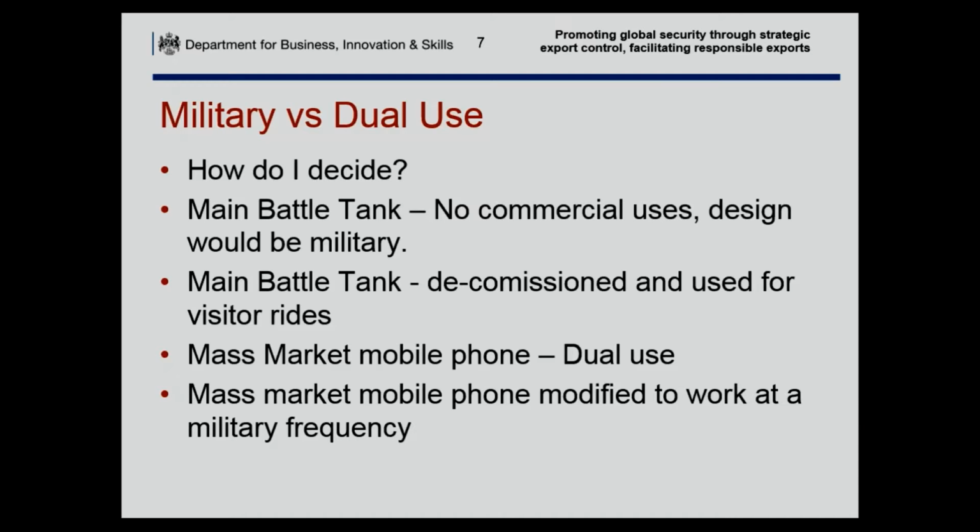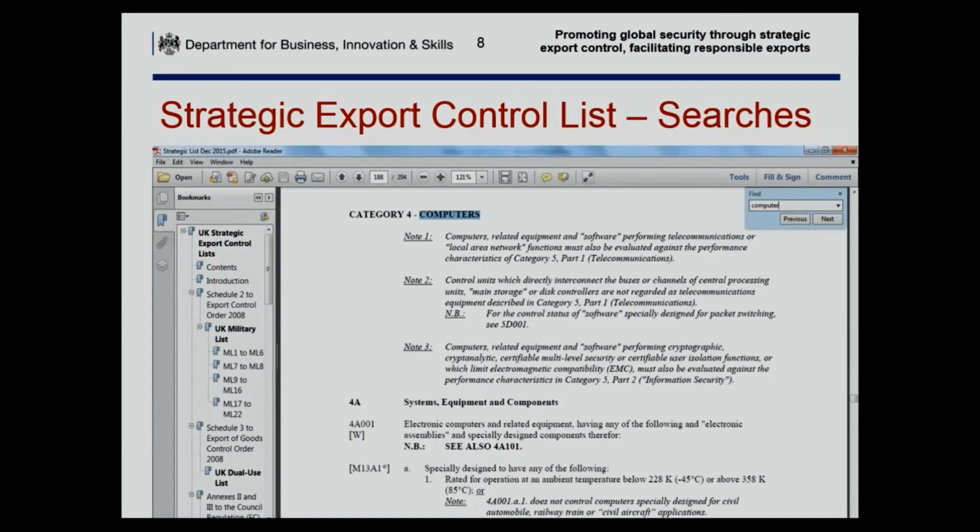If we move on to the next slide, though, let's think about dual-use items now. And I talked about the tools that are available for you to use. So let's start with the PDF document. What I'm showing here is that I've done a search by doing Control F and typing in the word computer. It comes up with lots of matches to computers. It's mentioned lots of times in the lists.